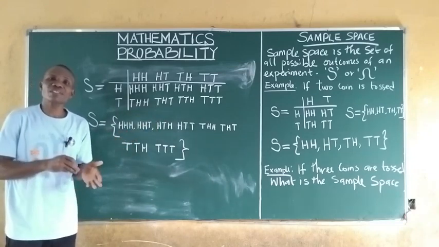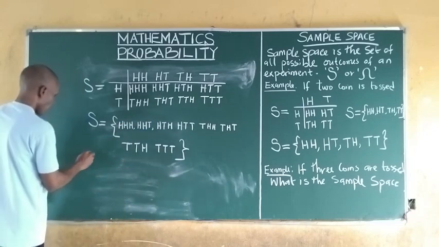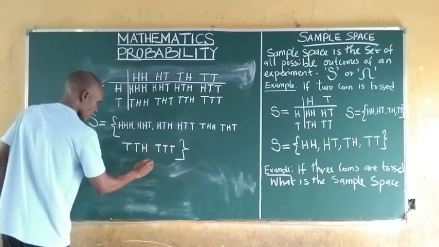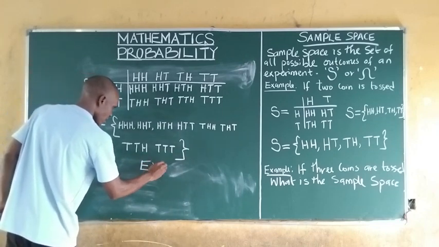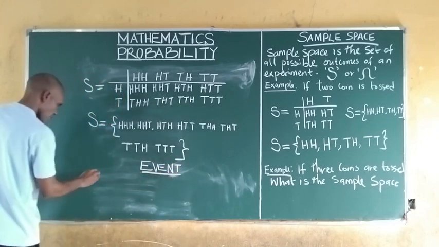It now takes us to what is called an event. What is an event in probability?